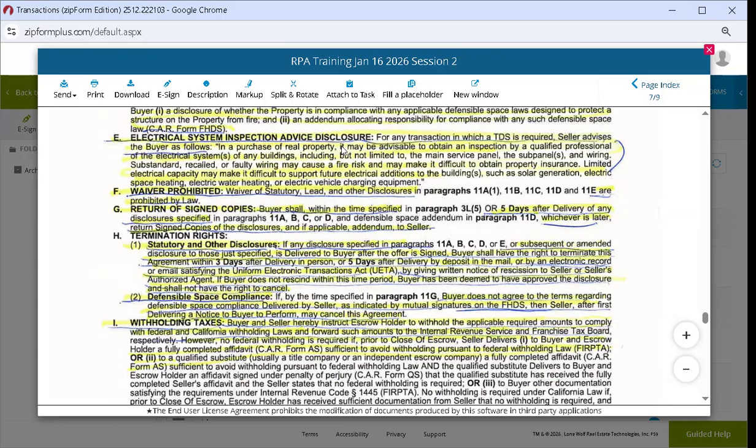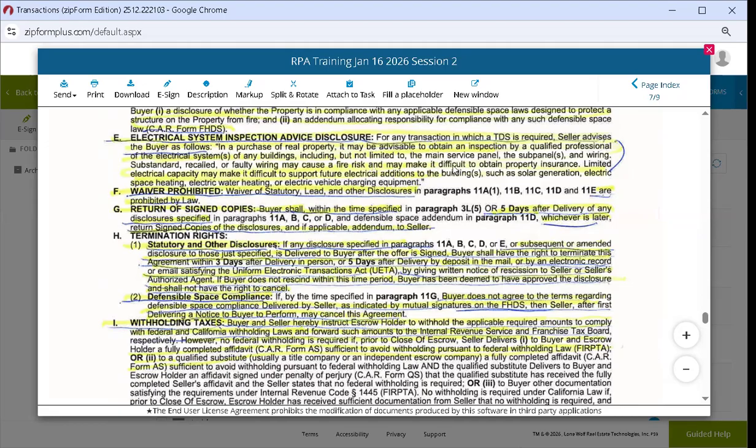This electrical system inspection advice disclosure is for any transaction where a TDS is required. The seller is advising the buyer that they should obtain an inspection, advisable by a qualified electrician, of the electrical system, the service panel, sub panels, things of that nature.